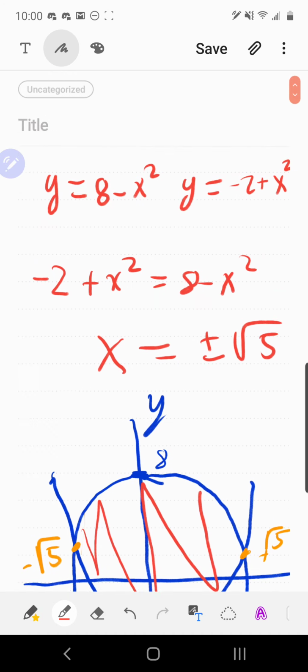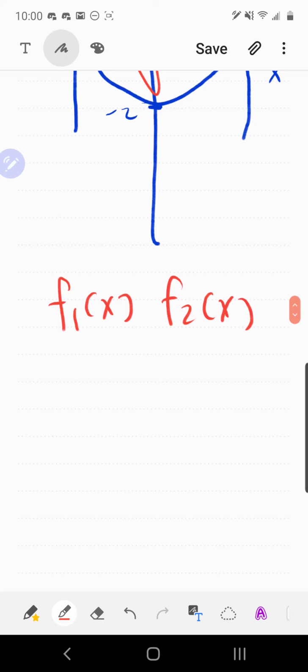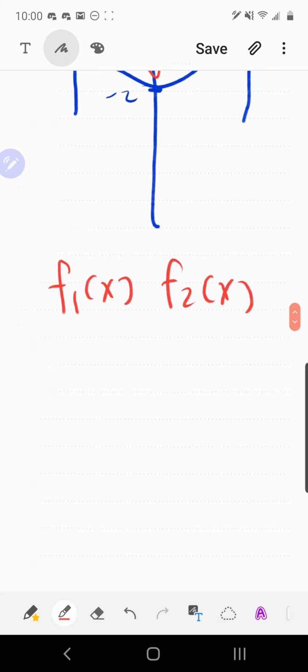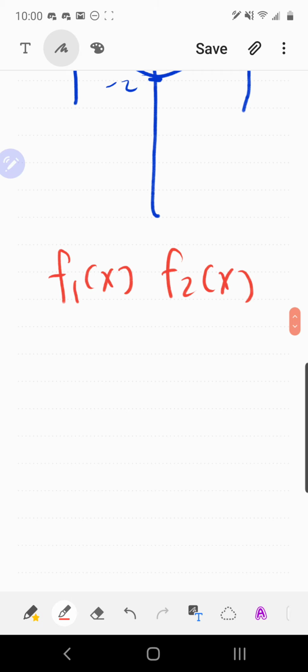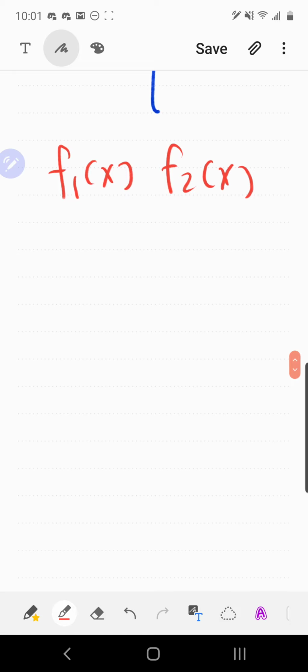Let's call this f1, this f2. So we know that the integral of one of these will give us the entire area under each of these curves from specific points, depending on what points you're doing. So if we want the area that's in between these, we need to take one subtracted by the other. And we can do it between the two bounds that we have here, negative radical 5 and radical 5. With that, we should be able to get the area that's in between these two curves.